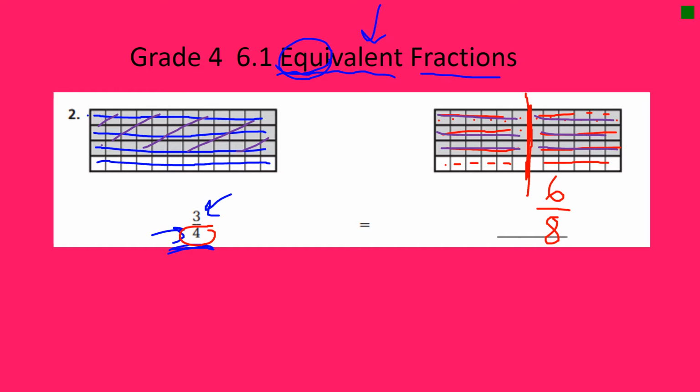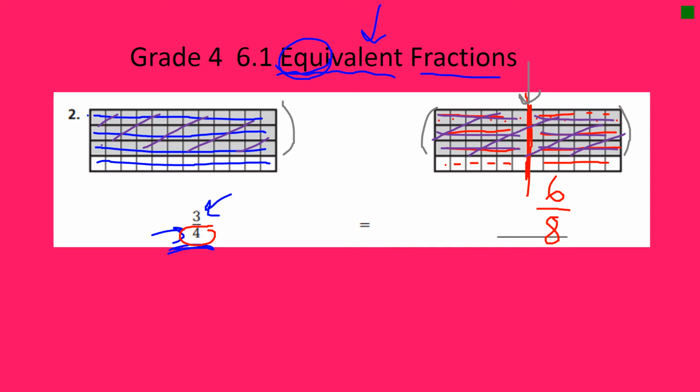And it's really the exact same amount as this problem, isn't it? 3 out of 4 rows is equivalent to 6 out of the 8. Okay? Because I cut it in half. It's not just 4 rows anymore. I chopped it right there. So let's call it pieces instead of rows.